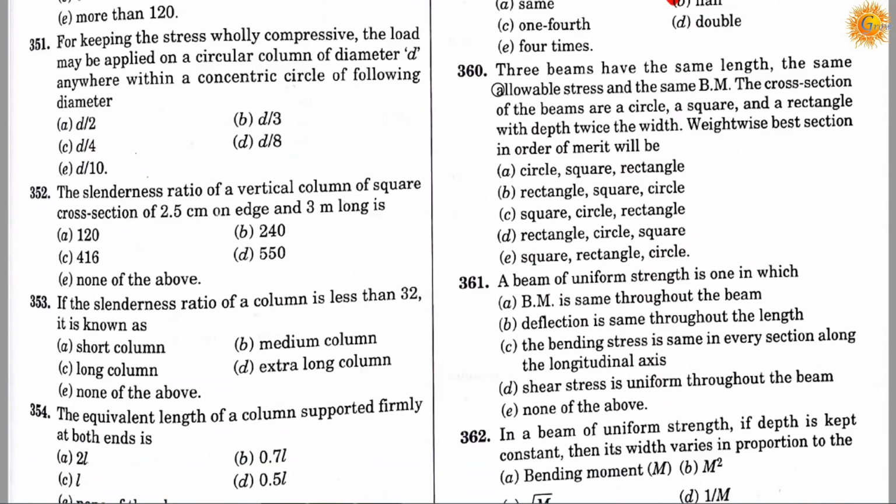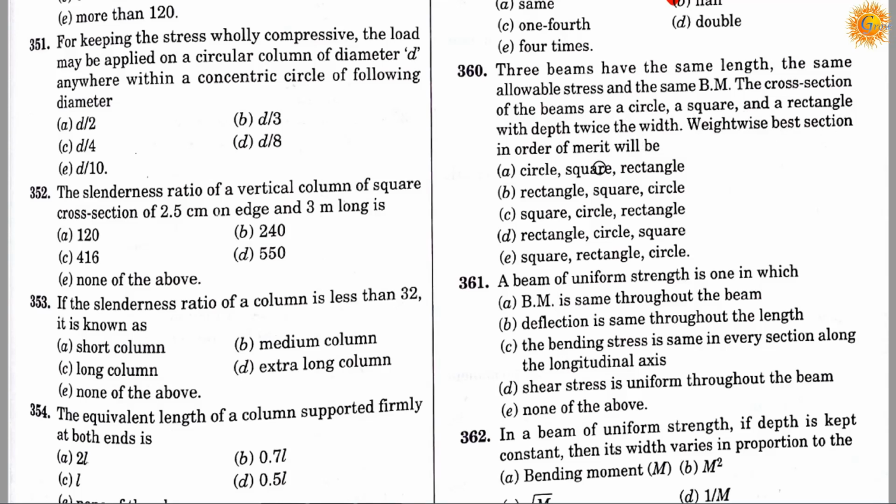Question number 360. Three beams have the same length, the same allowable stress and the same bending moment. The cross sections of the beams are a circle, a square and a rectangle with depth twice the width.